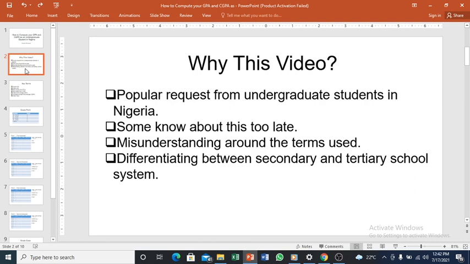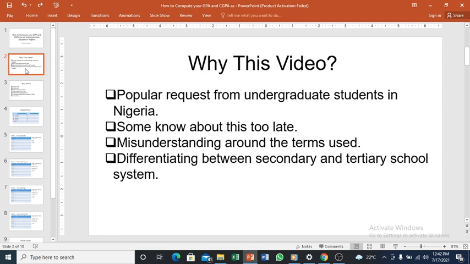And this is somebody who has gone through about 3 sessions on the campus. A lot of times I interact with undergraduate students and ask them, do you know how to calculate GPA? You see someone who has done several semesters on the campus and does not know how to compute CGPA or the GPA.